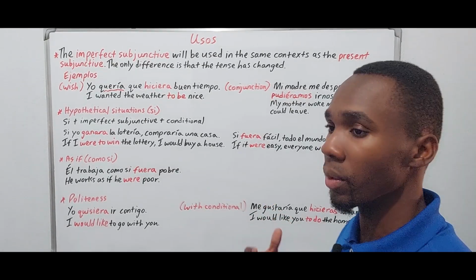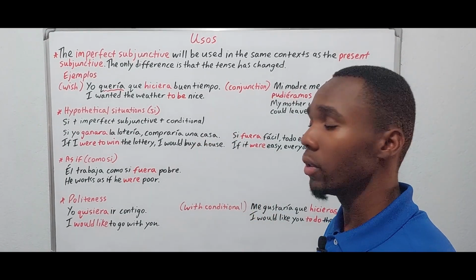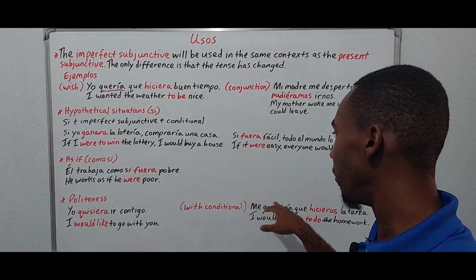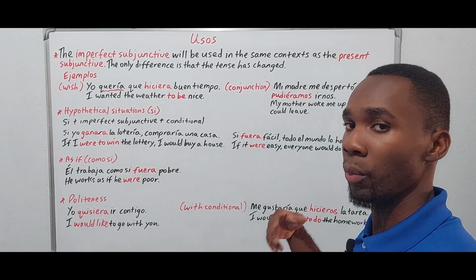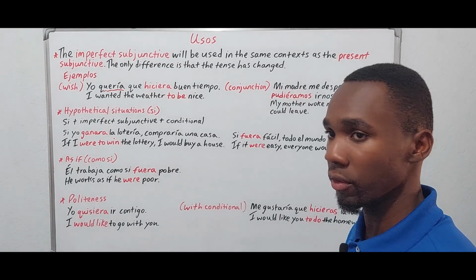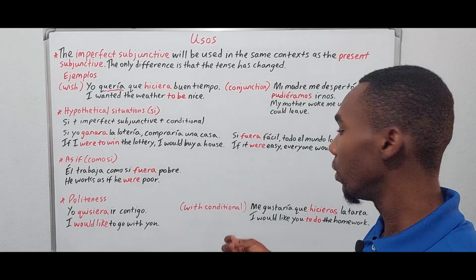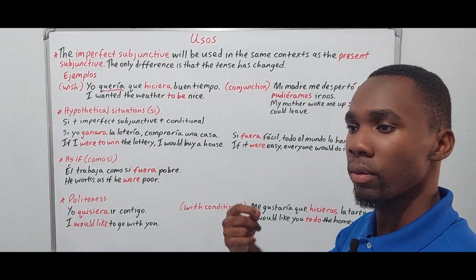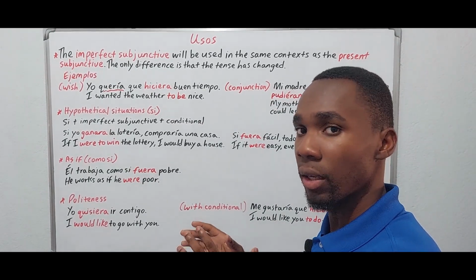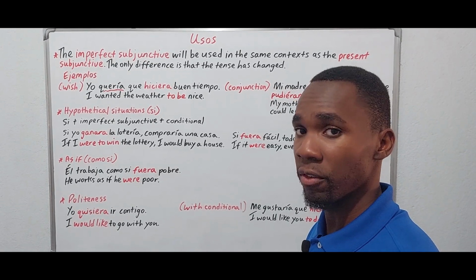And the same rules will apply in terms of the subject having to change after the que. So if we use the conditional in the first part, and we use que and the subject changes, we will use the imperfect subjunctive. So that is an example of that structure. Even though this is politeness, in general, if we use the conditional and then we use the que, whatever follows has to be in the imperfect subjunctive.